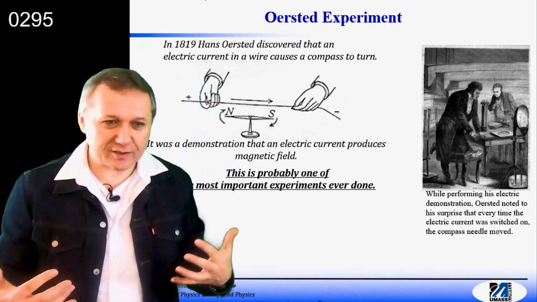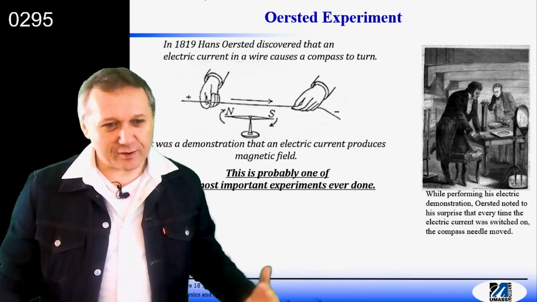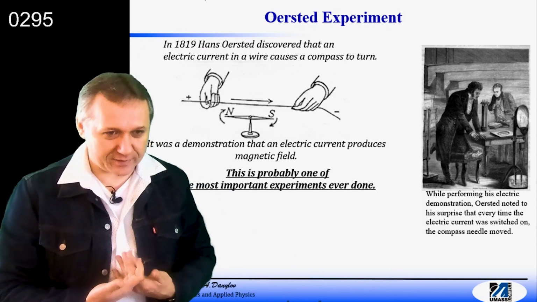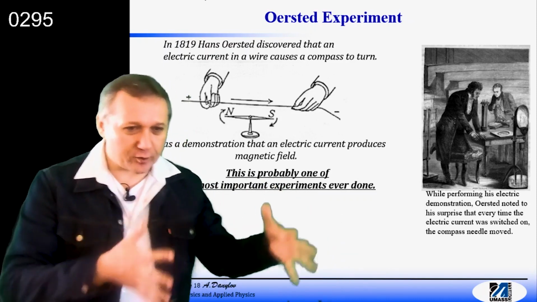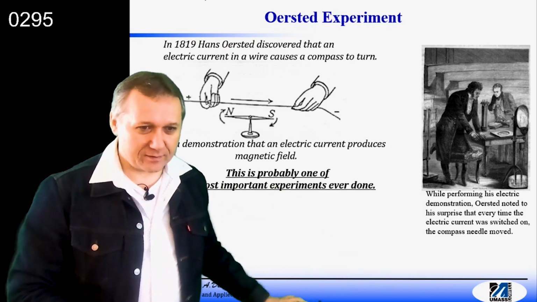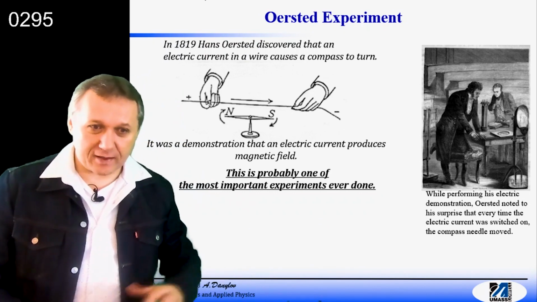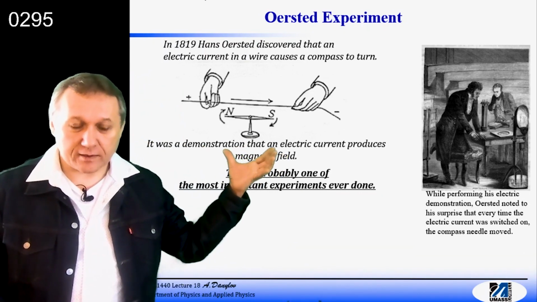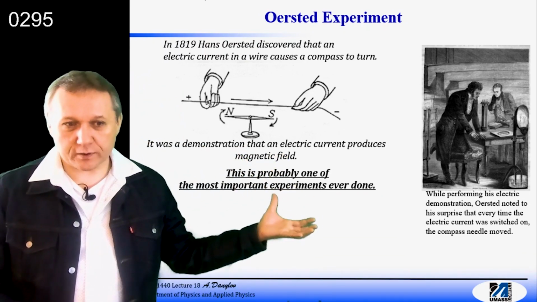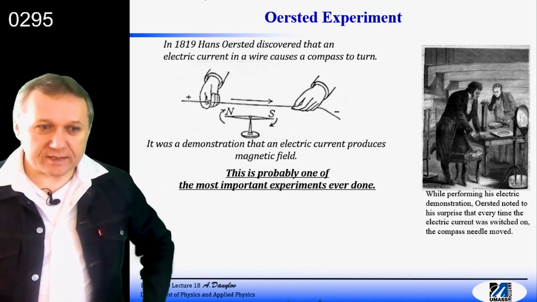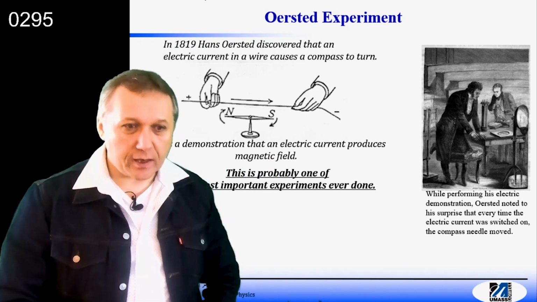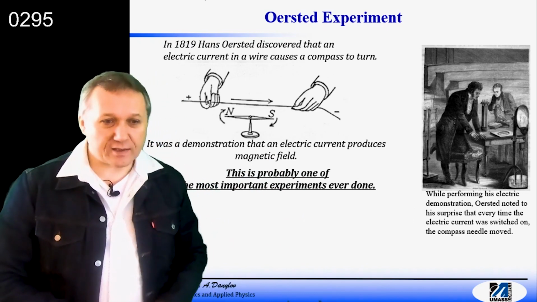Of course, the overlapping is very, very deep. Right now, we know that it's impossible to separate the world of electricity from the world of magnetism. They're inseparable. That's why this course should be called electromagnetism. But back then, that was the first indication that these two worlds are connected. As a result, it triggered tons of research.